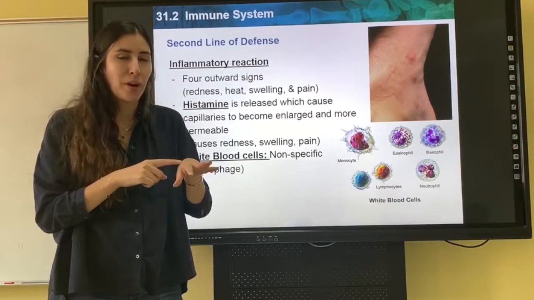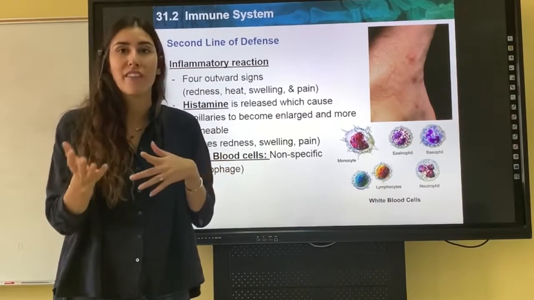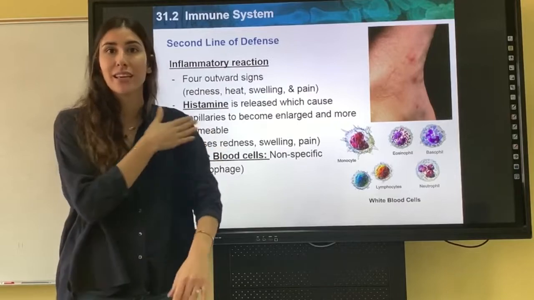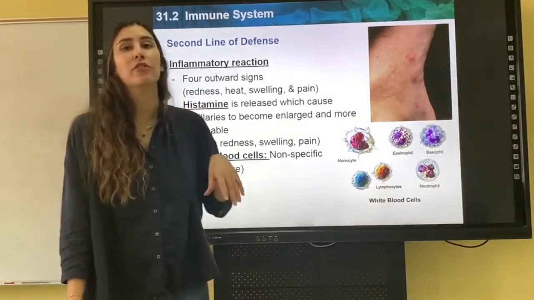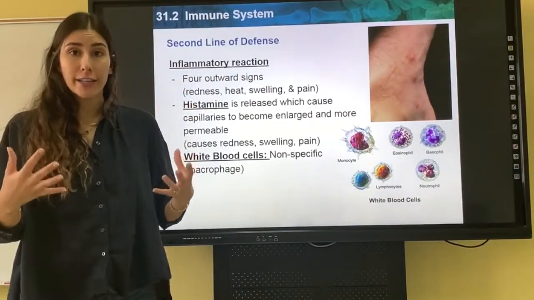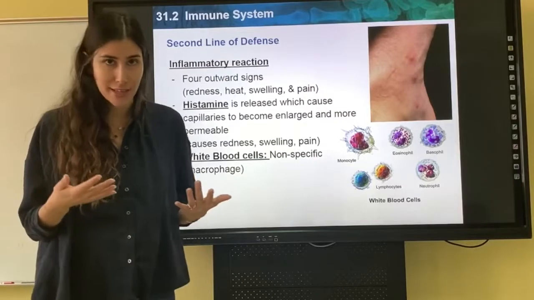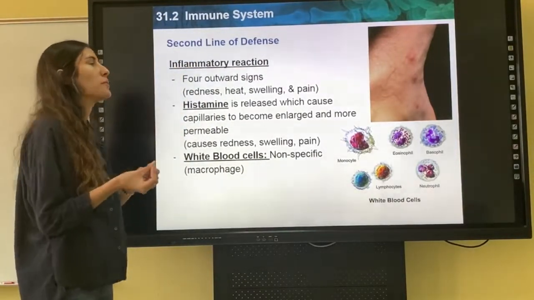If you have a cut, the area where the cut is turns red. If you have allergies, certain parts of your skin might start turning red. You have hives. This is all known as an inflammatory reaction, and it's your body trying to fight whatever foreign substance has entered, in a slightly more specific response.